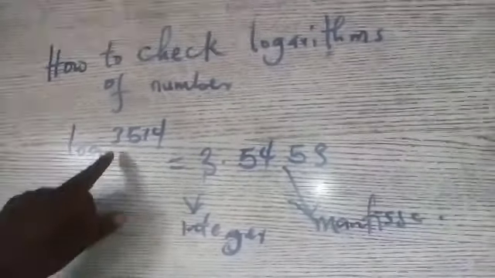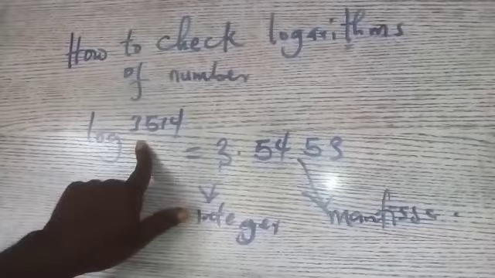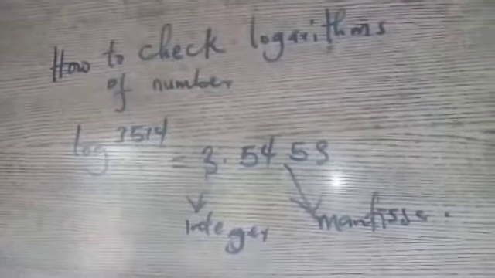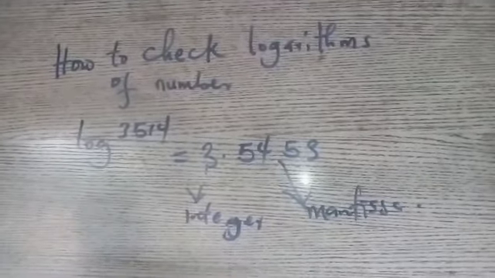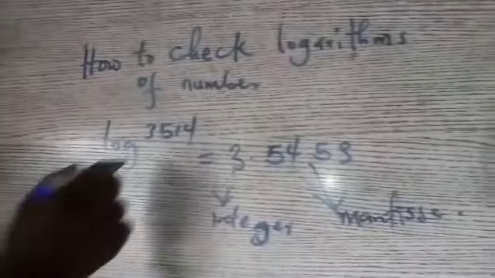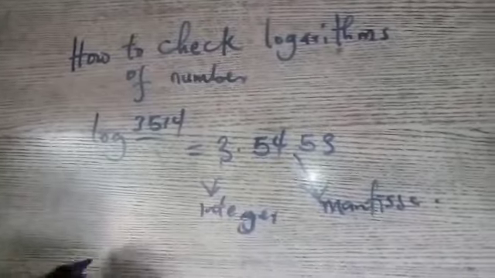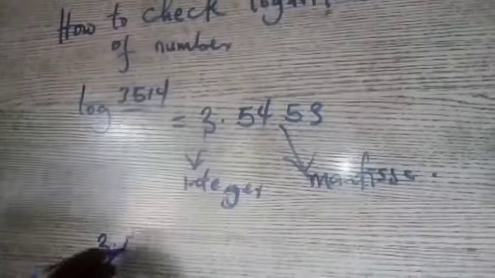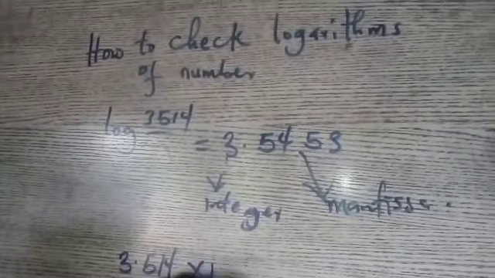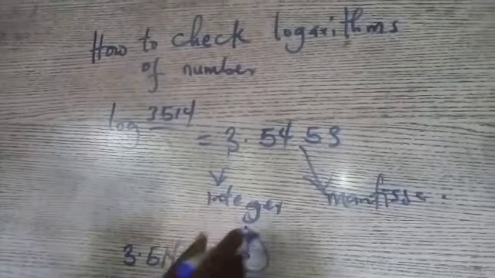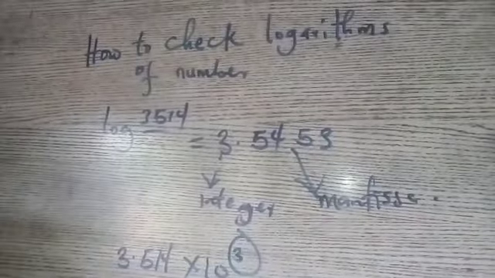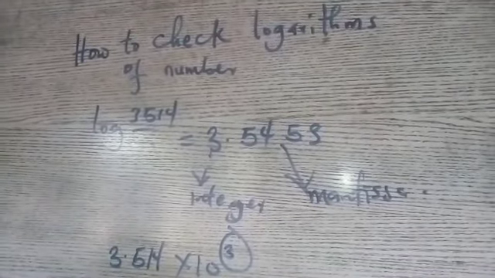You will observe that when this number is converted to standard form, the power of 10 is going to be 3. What do I mean? If you convert it to standard form, that is going to be 3.514 multiplied by 10 raised to the power 3. So you can observe from here that the power of 10 is 3. So that is how we come about the characteristic.